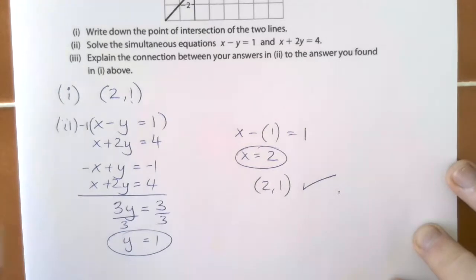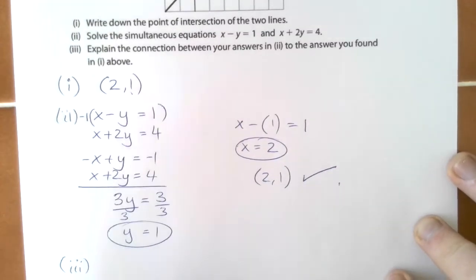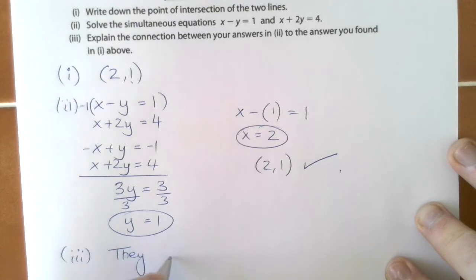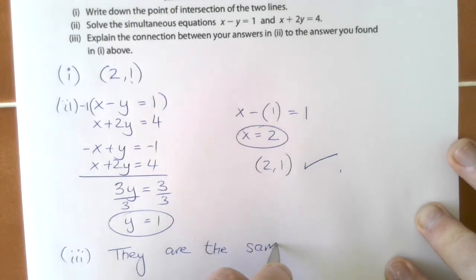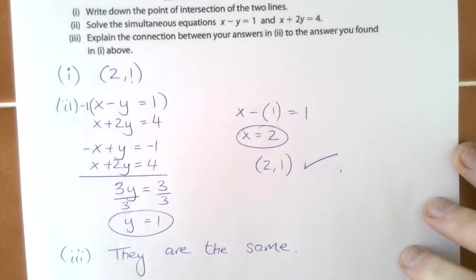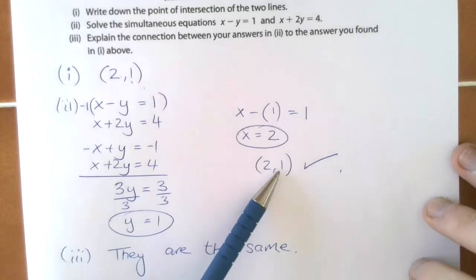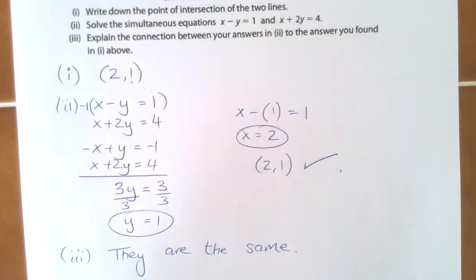So then part 3 says, explain the connection between your answers in part 1 and 2 found above. And you could just say that they're the same, since part 1 is solving the equations using the graphical method, and part 2 is solving the equations using the algebra method.